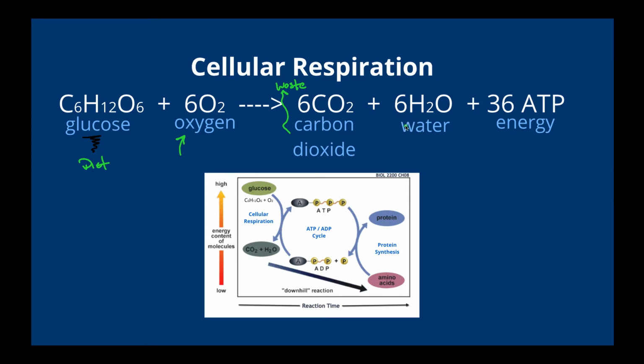We produce water, which is mostly what your body is made of, so water just gets added to your body, and we convert it to useful energy. ATP energy is the kind of energy that's going to be used to do work in the cell.